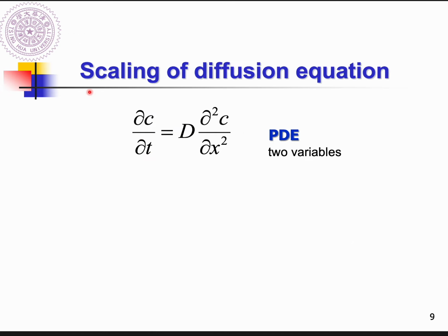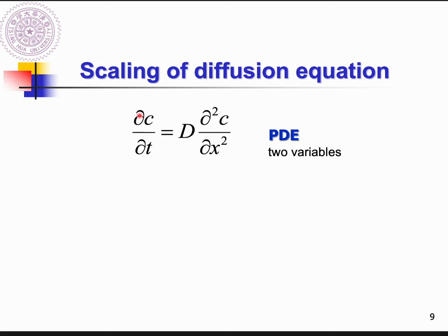So we're starting from the diffusion equations, and as you see here, the diffusion equation belongs to partial differentiation equation with two variables, x and t, the location and the time.